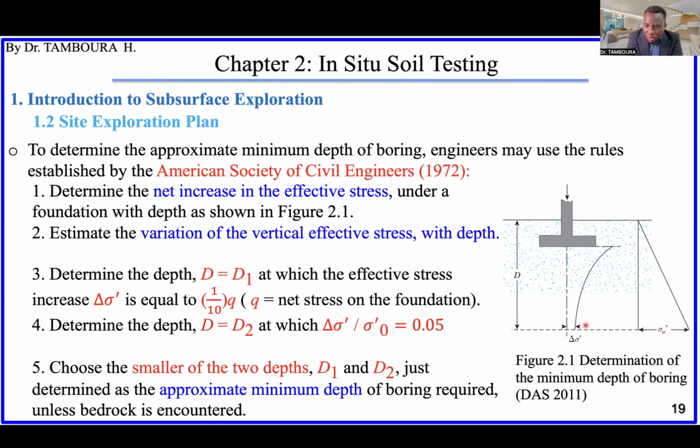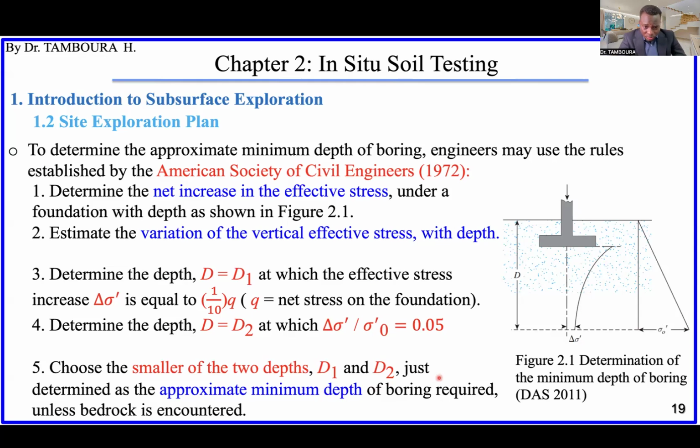If this ratio, this divided by this, is around 0.05, which is maybe 5%, then you can also decide that your foundation is here. But you compare these two, D1 and D2, and you take the minimum, the smaller one, because we are trying to save money.